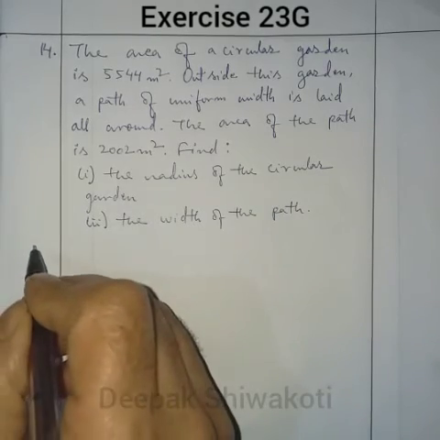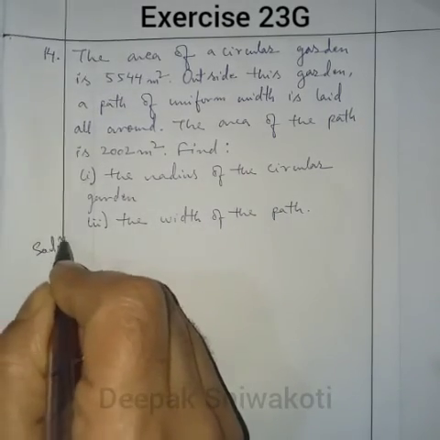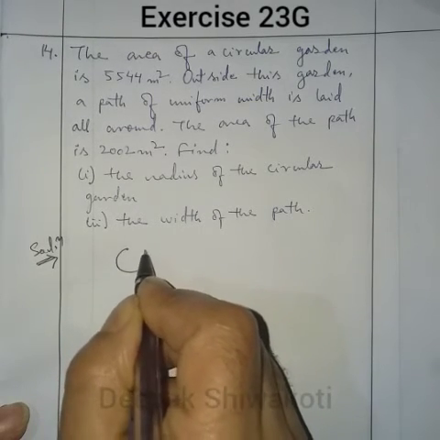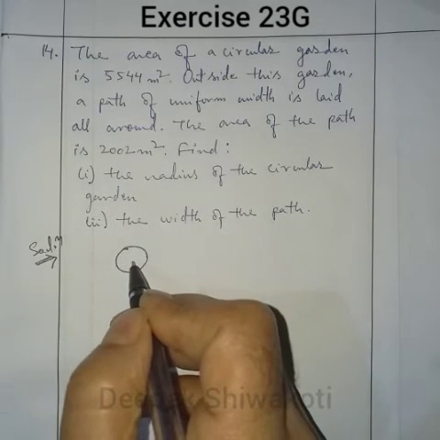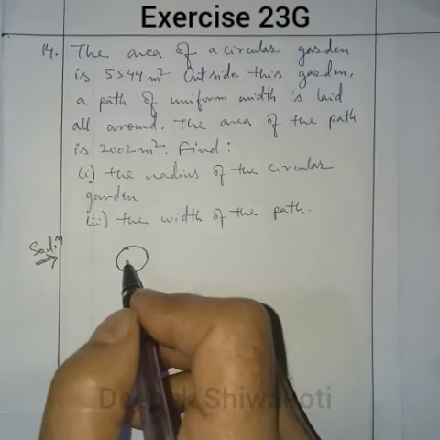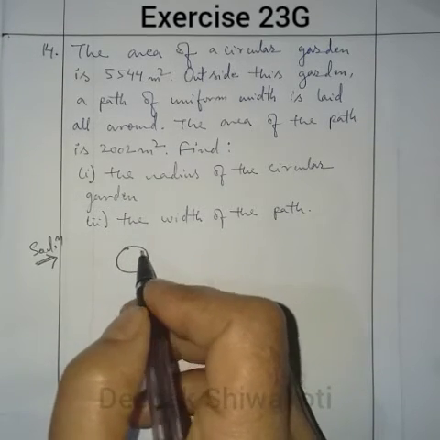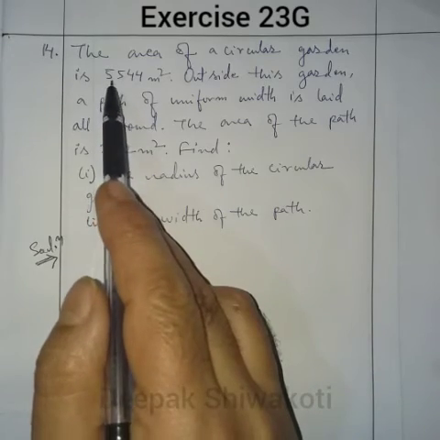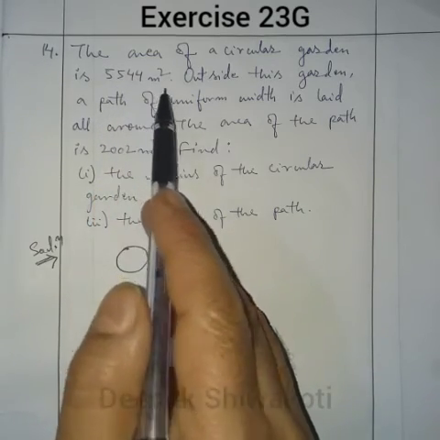So here, according to the question, the figure is like this. A circular garden is there. The area of this circular garden is 5,544 meters square.